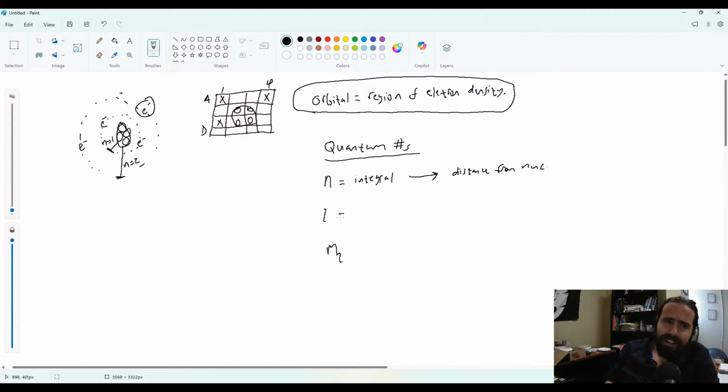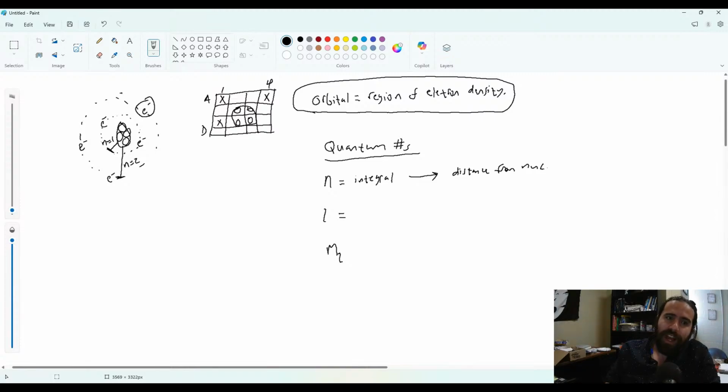Now, as the electrons get further away from the nucleus, let's say I have an electron here. Because they're further away, they actually have a little bit more room in which they can organize themselves. They have more room to make all these different kinds of shapes.